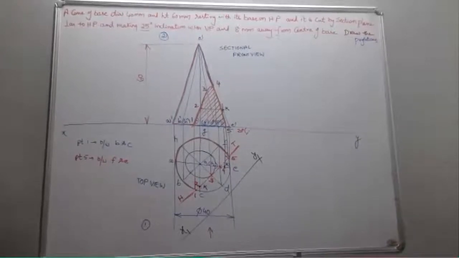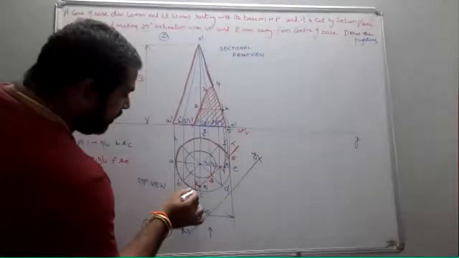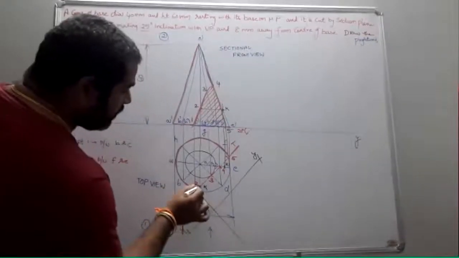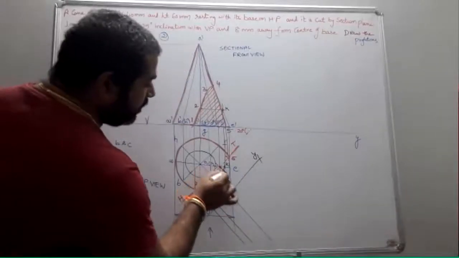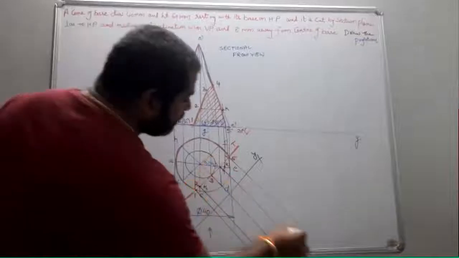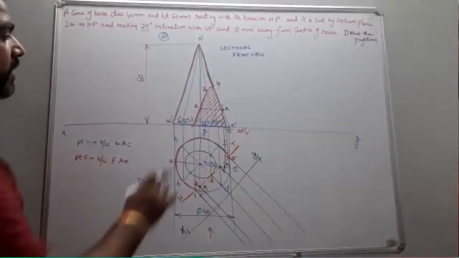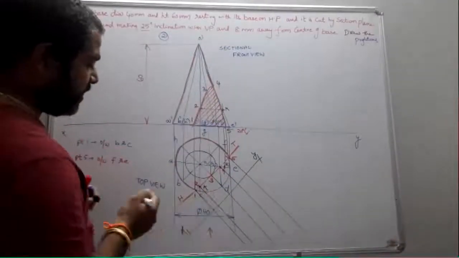Once you obtain your new reference line x1, y1, draw the perpendicular projectors from all the points to the new reference line x1, y1, and take the respective positions and place them here.